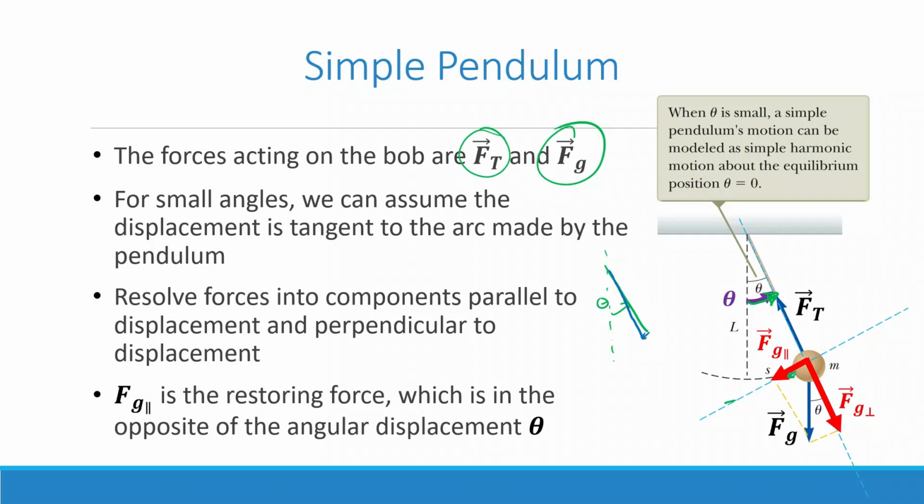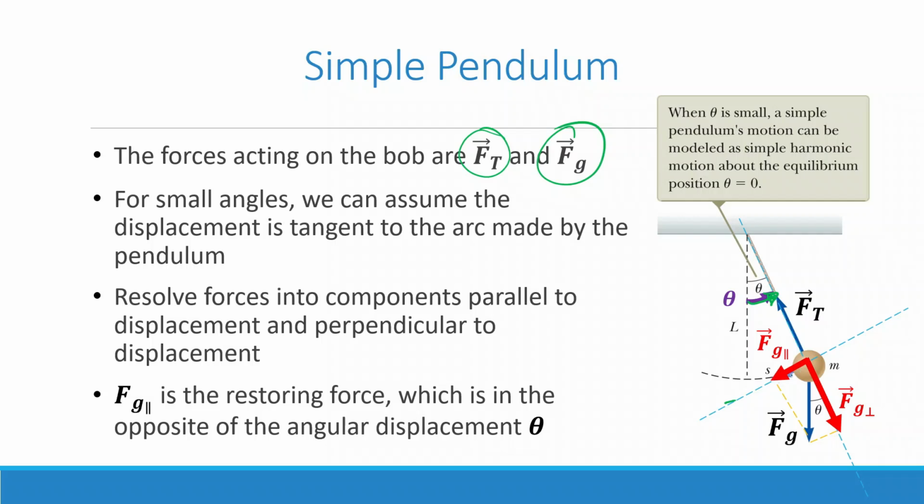That straight is going to be perpendicular to the radius, and therefore tangential to the actual circular path that it is on.